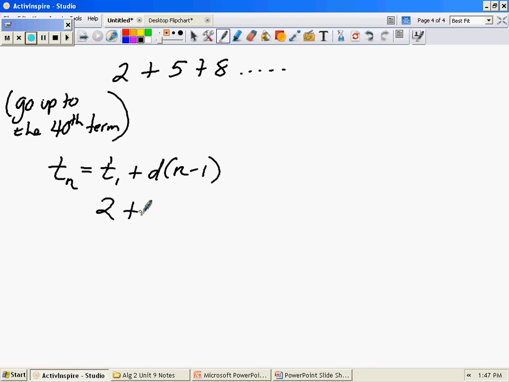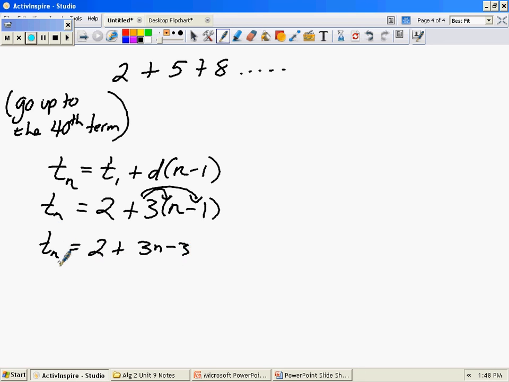It's going up by 3. All right, so we're going to simplify this now. We have 3n minus 3. So combine those and you get the following. Yeah, 3n, and then 2 minus 3 is a negative 1. So there's your nth term formula.